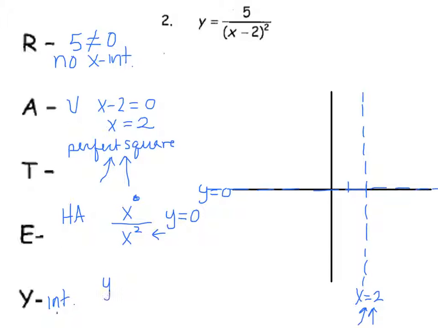So I have y equals 5 on the numerator, and then I have 0 minus 2 squared, so y equals 5/4. So at 0, 5/4 is going to be right there, my y-intercept.